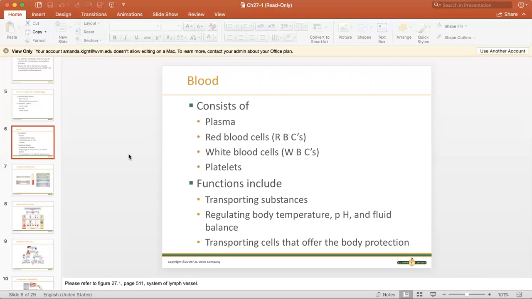Okay, so let's start with the blood in general. Blood consists of, as I said earlier, plasma, red blood cells, white blood cells, and I forgot to say platelets. Platelets have the cascade that helps us not to bleed out. For example, this is where we would think of a nurse consideration.